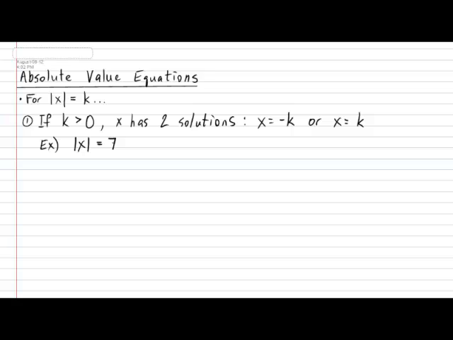Well, think about it. Whatever is inside the absolute value expression has to give you 7. So the absolute value of what could give you 7? Well, for sure, 7, because the absolute value of 7 is 7. But don't forget that it could also be negative 7, because the absolute value of negative 7 is also 7.